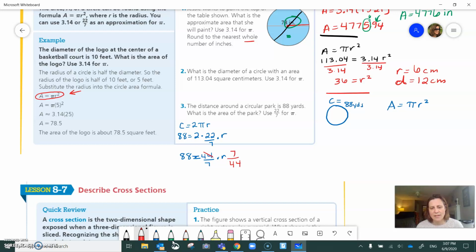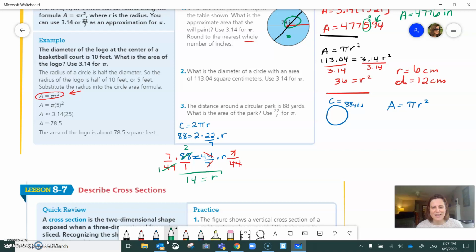So this 44 cancels this 44. This 7 cancels this 7. So if we multiply both sides by 7/44, like that, 44 and 88 are easy to reduce. 44 goes into 44 once, 44 goes into 88 twice. 7 times 2 is 14, so the radius is 14.